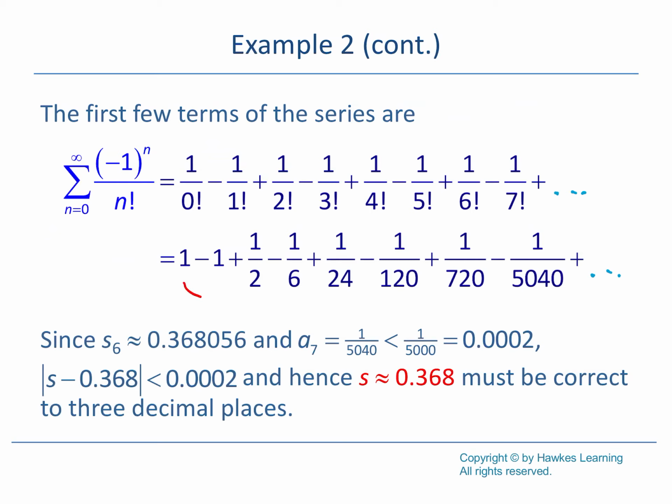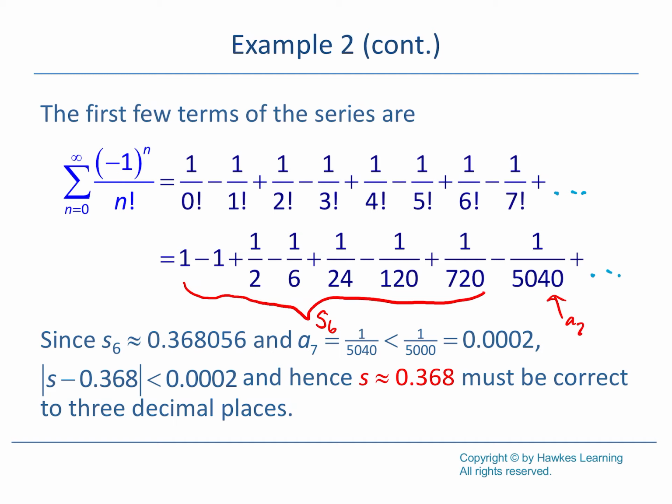Here is S sub 6. All of those added together would be the 6th partial sum. And a 7 is just this one.